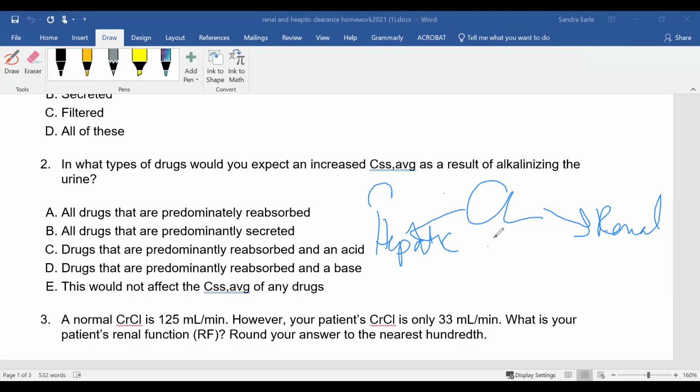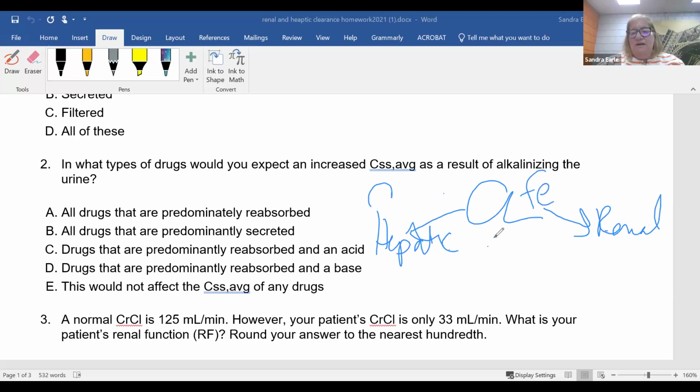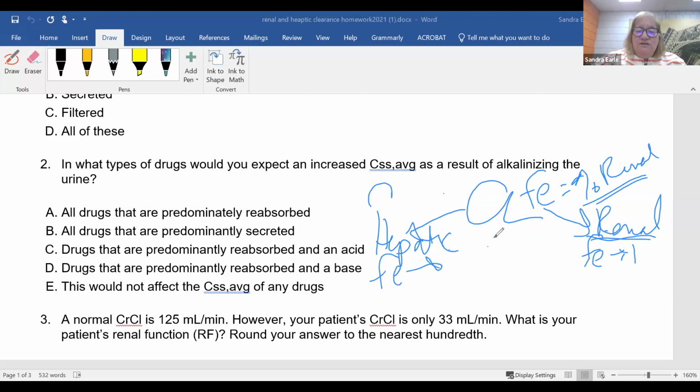Is that just the FE? Yes. What does FE mean? Fraction of drug that's showing up in the urine unchanged. So this is really the percentage that's due to renal clearance. So if FE is approaching 1, it's going to be primarily renal. If FE is approaching 0 or is 0, it's going to be primarily hepatic. Is everybody good with that?